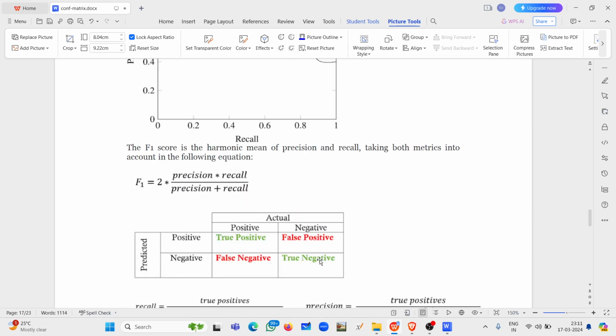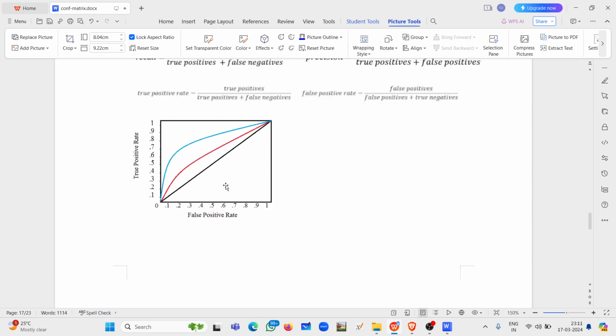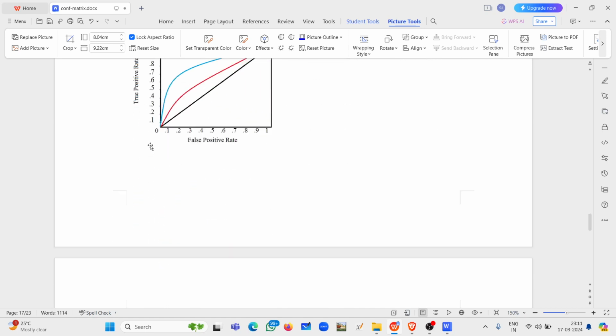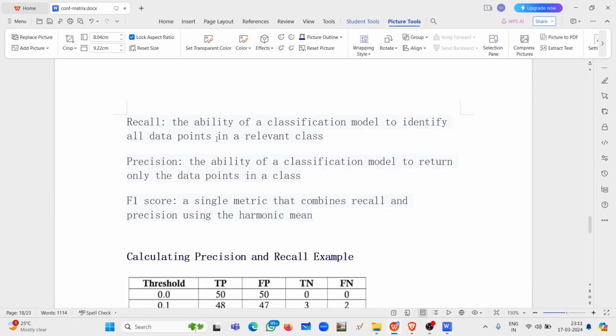That is why we go for this F1 score, and this is the formula we are using. And when we go for the false positive rate and true positive rate, this is the formula we are using. True positive rate is equal to true positives divided by true positives plus false negatives, and false positive rate is equal to false positives divided by false positives plus true negatives. Because we already have all the values, we can apply this formula and get all these things. Now is it clear?